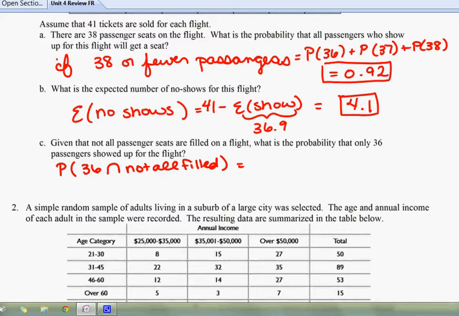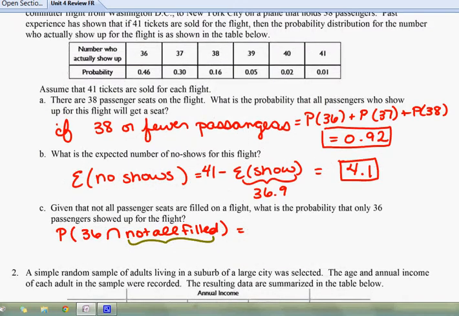Now let's take a look at that given for a second. What it is dealing with here is it's saying not all filled. If we look at the table, the seats are not all filled if I have 36 or 37 passengers. 38 is filled, and these guys we can disregard because that is an overfull plane.